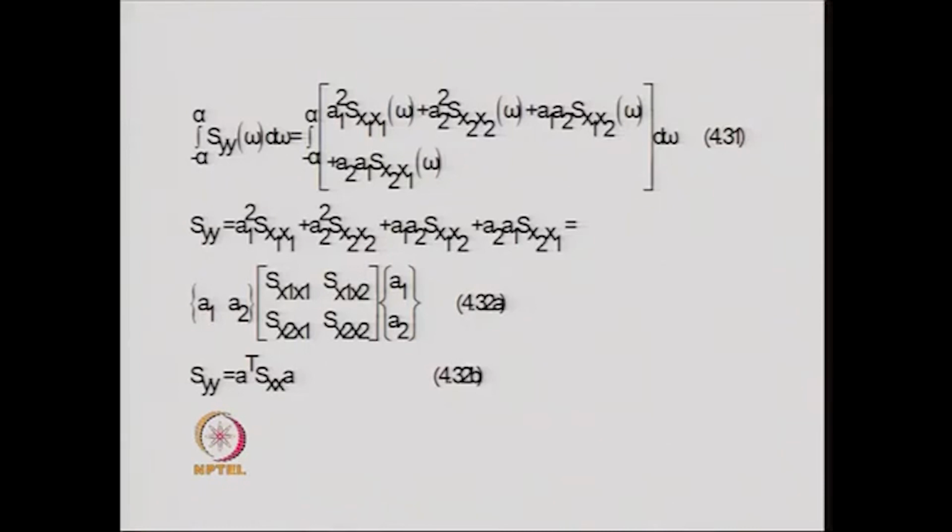When we compare the left hand side to the right hand side, we get simply this relationship: Syy, the power spectral density function of y, is equal to A1 square into the power spectral density function of x1, plus A2 square into Sx2, plus A1 A2 into the cross power spectral density function between x1 and x2, plus A2 A1 into the cross power spectral density function between x2 and x1.